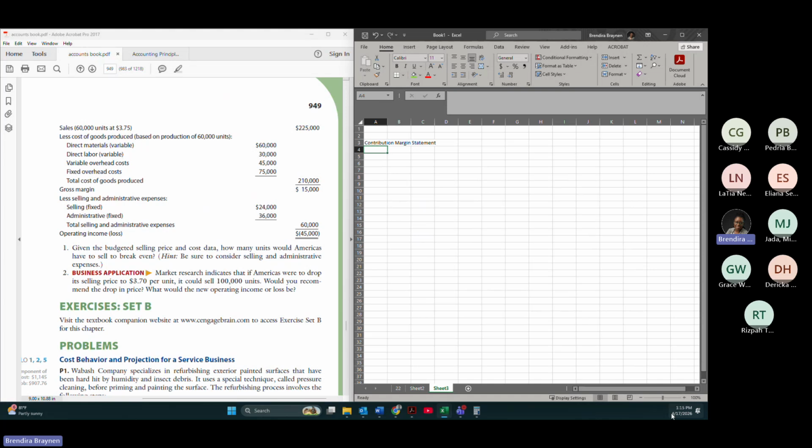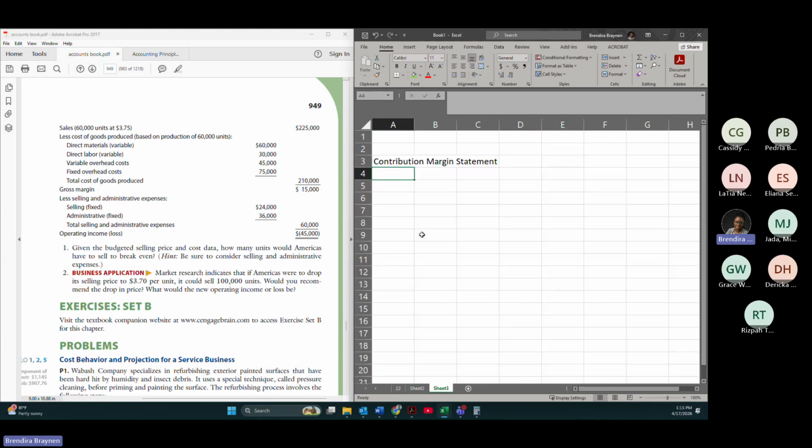A contribution margin statement just says that I'm going to separate my stuff into revenue less variable costs equals contribution margin, and then less fixed costs equals the operating income. Okay.